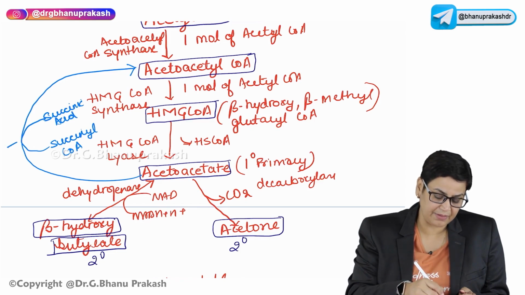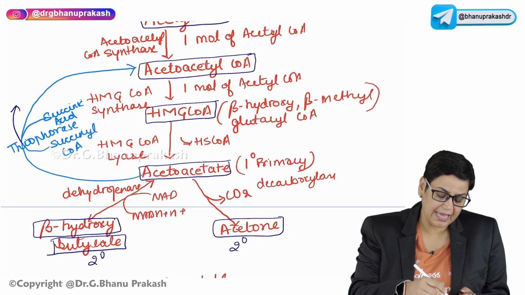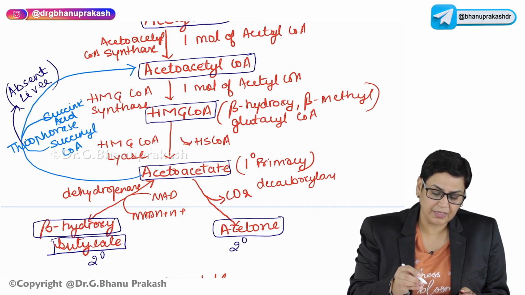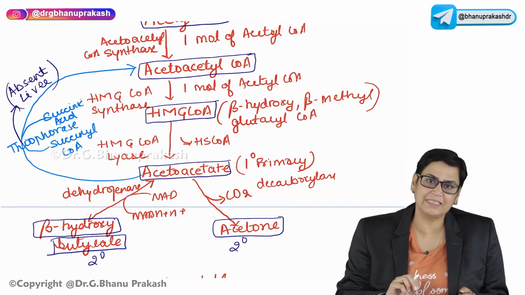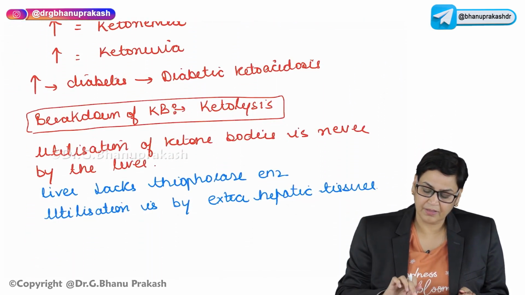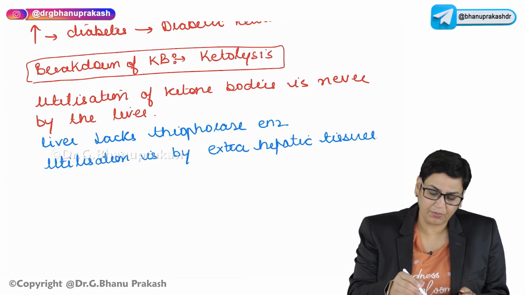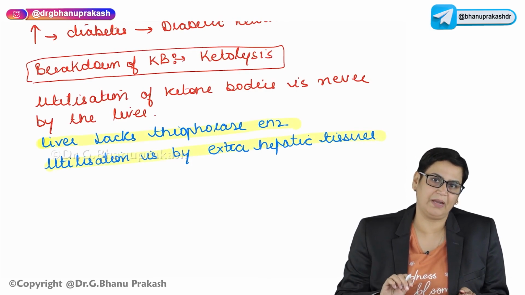Here the enzyme is thiophorase, and this thiophorase enzyme is absent in the liver. That is why utilization of ketone bodies is never by the liver, even though production of ketone bodies is there in the liver. So this is a very, very important point. The liver lacks thiophorase, utilization is by extrahepatic tissues.